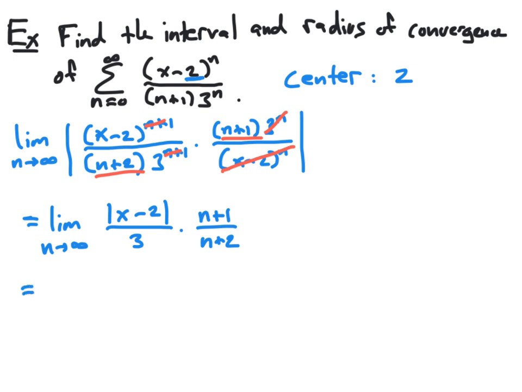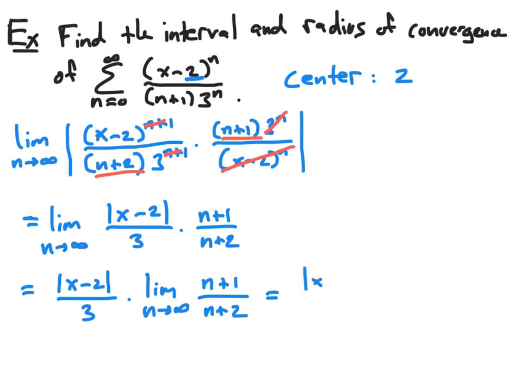Now, x minus 2 over 3 is a constant in terms of n, and so we can pull that outside of our limit and compute the limit of just n plus 1 over n plus 2. And this limit is very easy to compute.